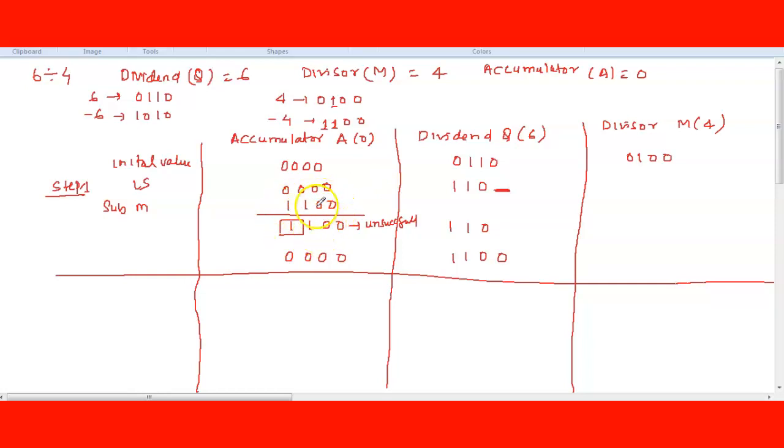If you add the divisor again, you will get 0 0 0 0 only. We have written 0 0 here and not shown it, but the processor will do it in different registers in the computer. Again, while restoring, we are not stupid here. We know that this value I have added, and I got this, so again this value only I will subtract, so you will get the original value, right?